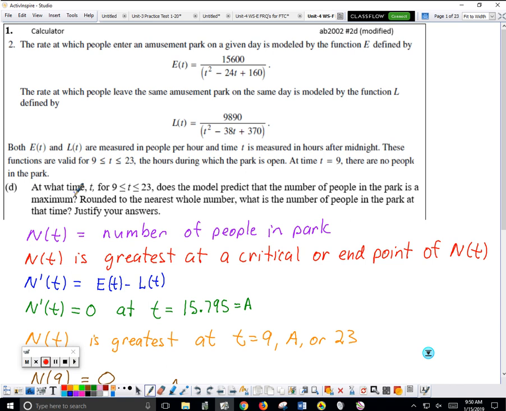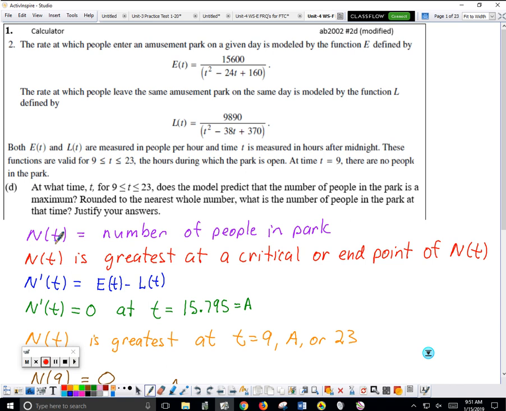It says, at what time does the model predict that the number of people in the park is greatest at a maximum? So that's where I'm taking, okay, I want to know the number is greatest, right? Well, this is talking about the rate at which people come in. This is the rate at which people leave. So I don't want those. I want the number to be greatest. So that's why I wrote this.